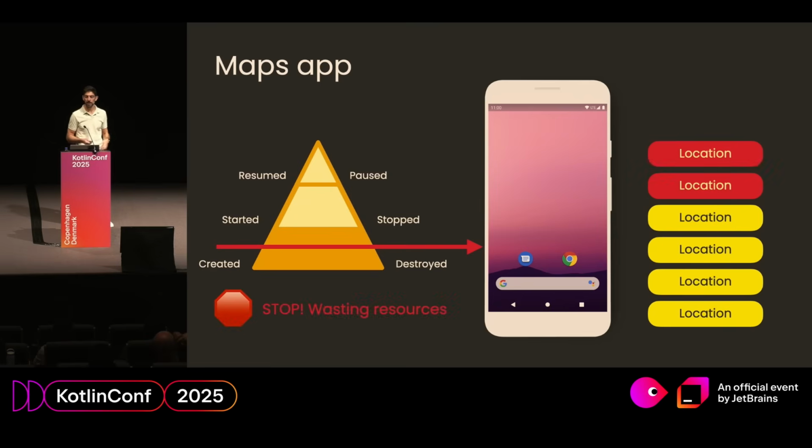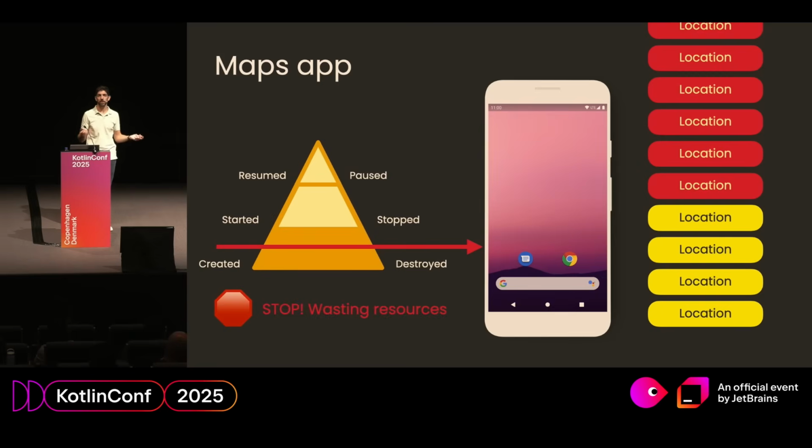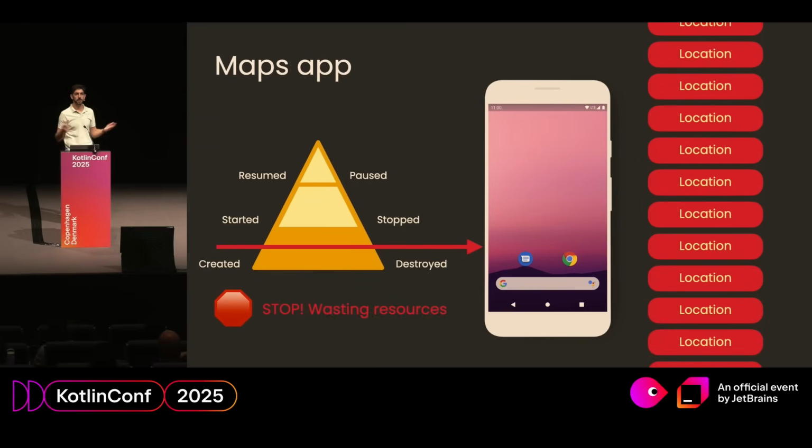It's getting location updates in the background, and that's wasting the device resources. The GPS provider is still emitting signal. We are collecting from it, even if we don't care that much. And potentially, this could be running for minutes, maybe until the user decides, hey, what's happening here?